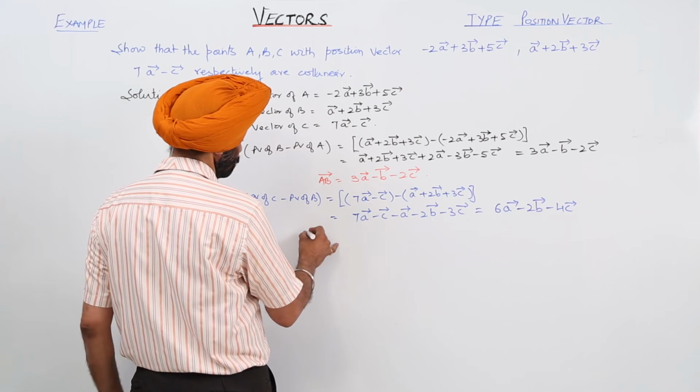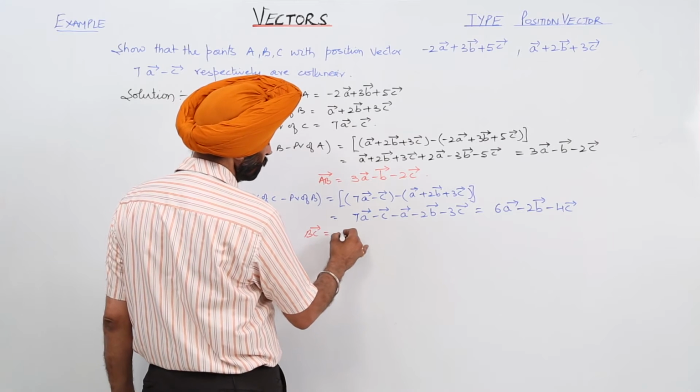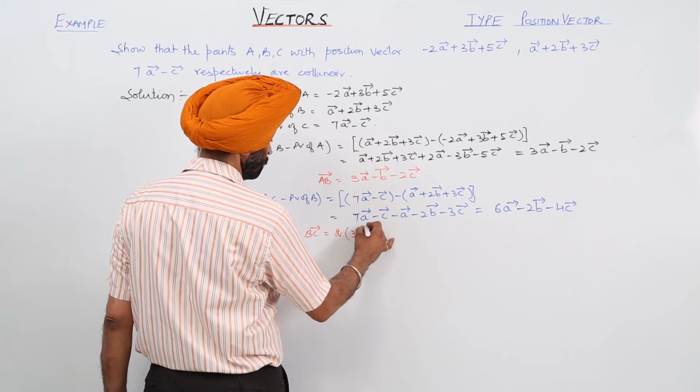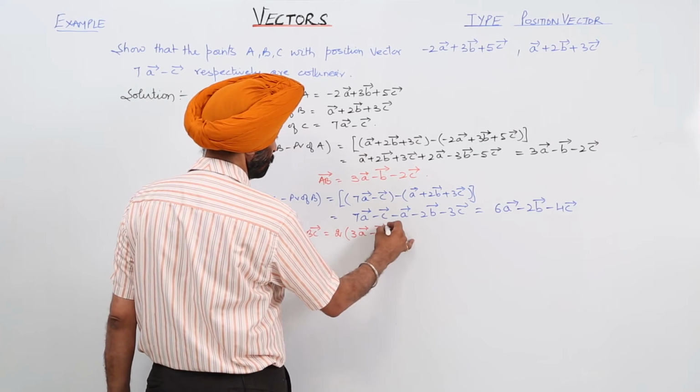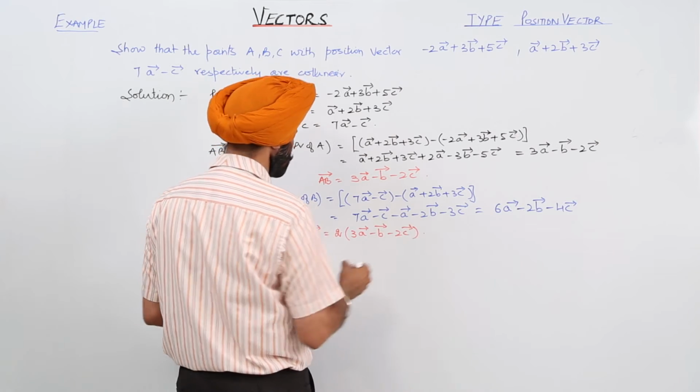Vector BC is equal to, if we are taking 2 common, we are having, now this is the result.